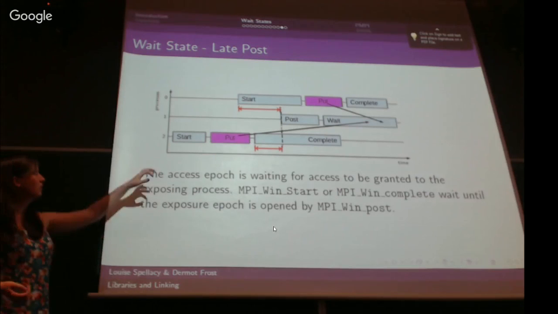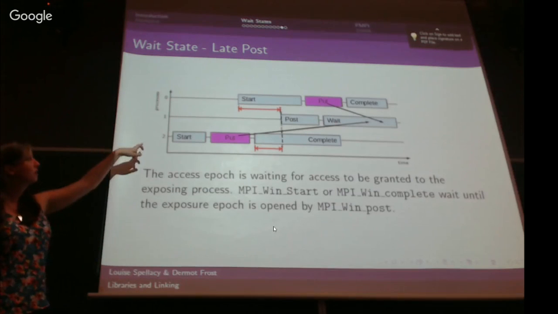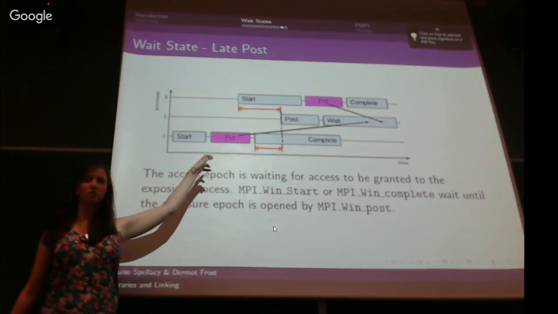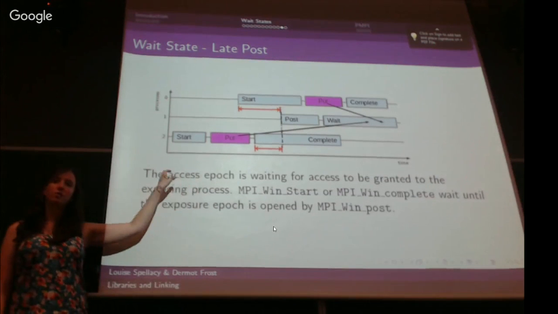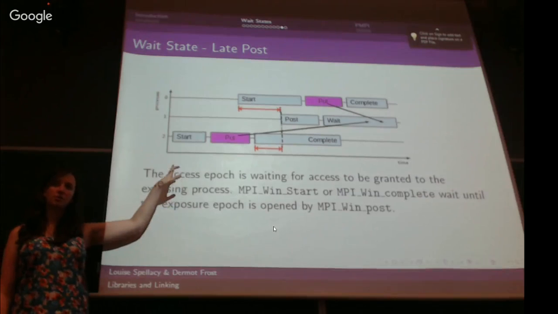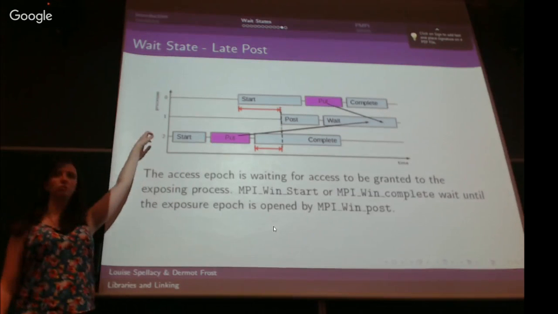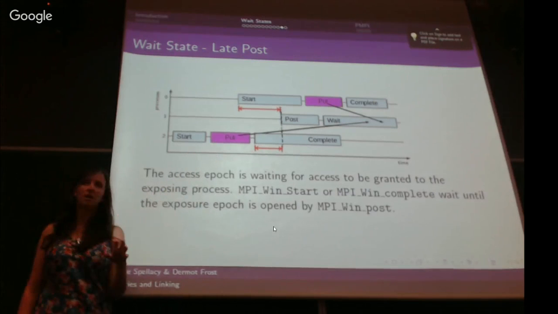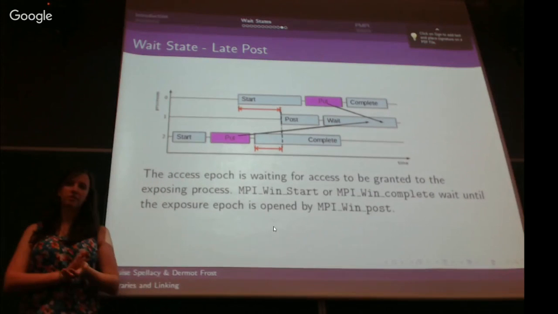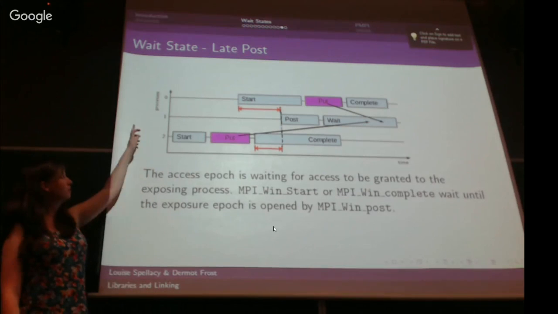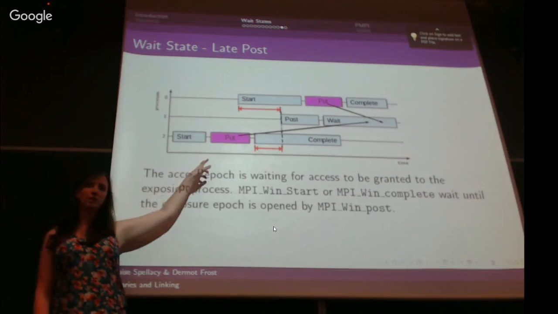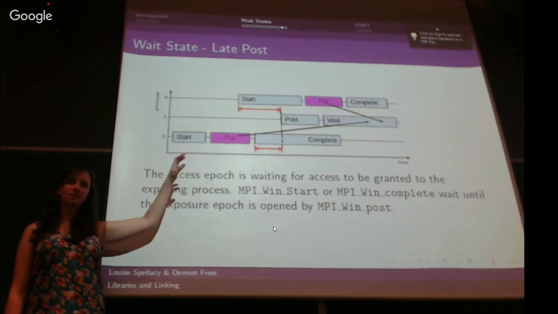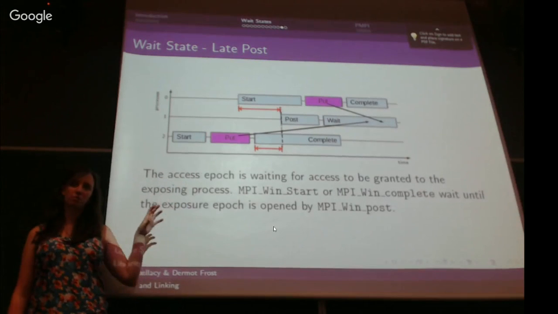So if we look at process 0 and 2, they are using start and complete followed by an operation, put or get. So they are the ones that want to access the information that is being made available by process 1. That's known as the exposure epoch. So it posts to say that its data has been made available, and then 0 and 2 can use put or get or accumulate functions to access the information that has been made available by the other processes.